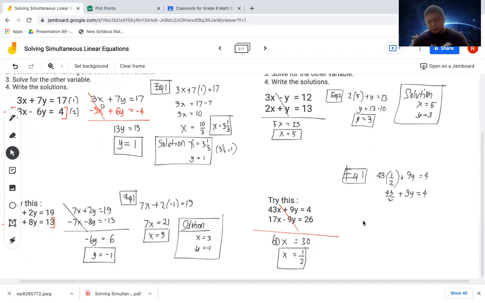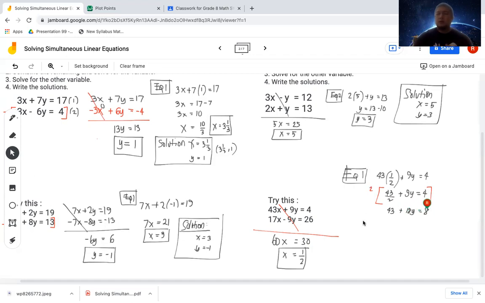So what I usually do is I eliminate the fractions by multiplying the whole equation by 2. So if I do that, the answer that I'm going to have will be 43, because these 2 will cancel out the denominator. And then this is going to give us 18y, which is now equivalent to 8.